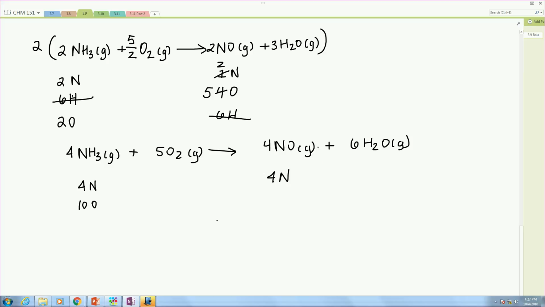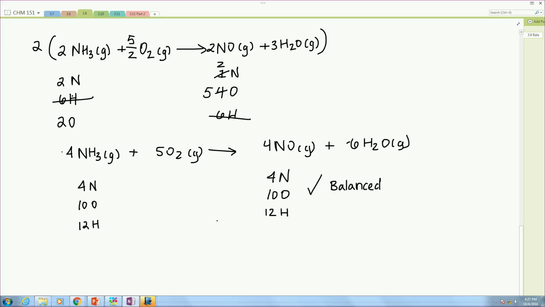Here we have 4 plus 6 oxygens, that's 10 oxygens. And then hydrogens, we have 3 times 4 is 12 hydrogens, and we have 6 times 2 is also 12 hydrogens. So check, this equation is balanced.